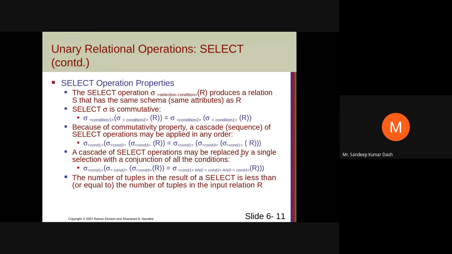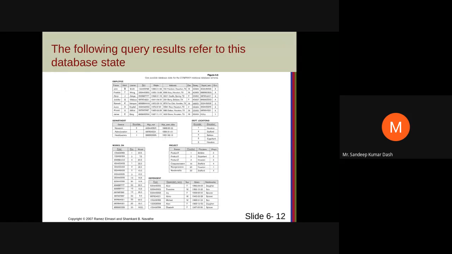Okay. Another thing we mark is that the result of the select operation has the same schema as the relation R. That means all the columns will be the same. Suppose I am writing select those rows where salary is greater than 30,000. In that row all the columns are present. Suppose in this case I said select those rows where salary greater than 30,000 and department number equals to 5.